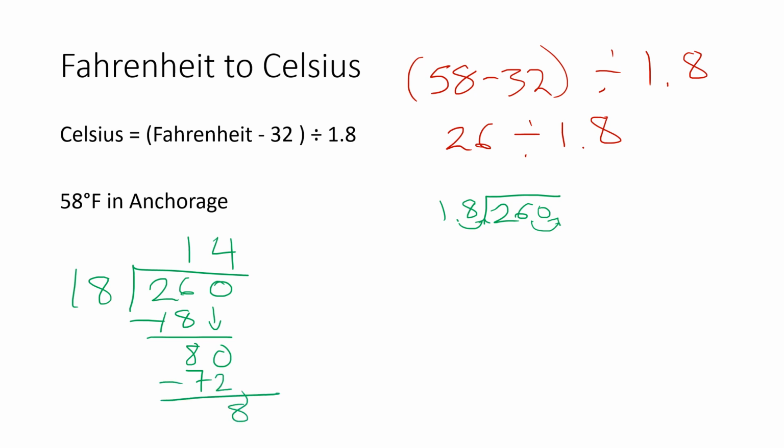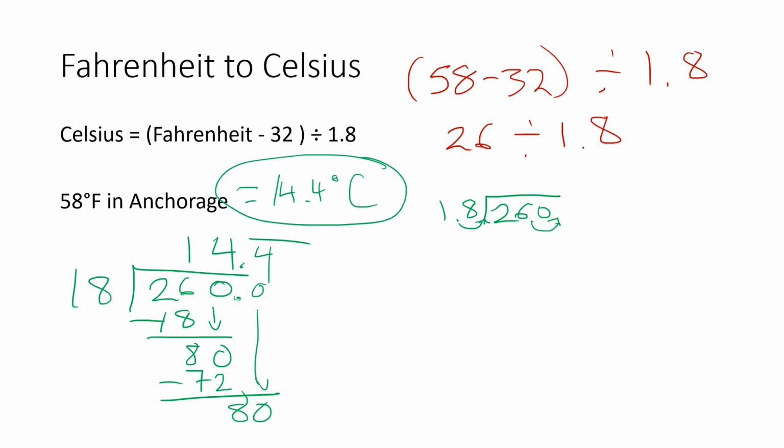So we'll add our decimal and a 0, bring your 0 down. This is going to keep repeating as well. And you'll find that's true about a lot of our Celsius division. So 58 degrees Fahrenheit in Anchorage is the same as 14.4 degrees Celsius. A little 4 repeating forever.